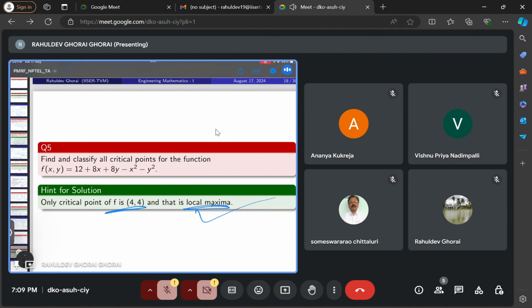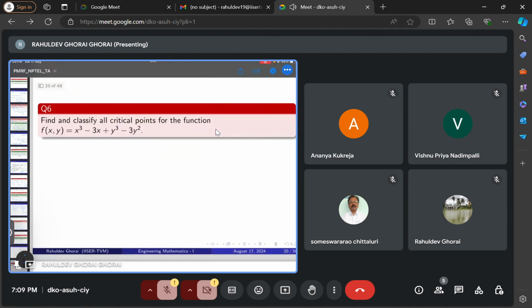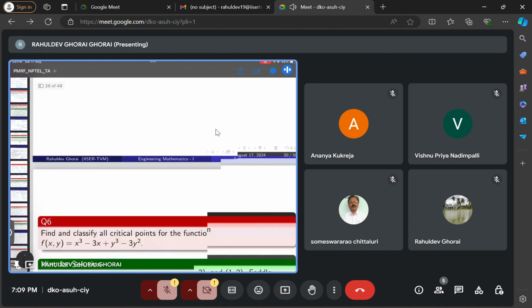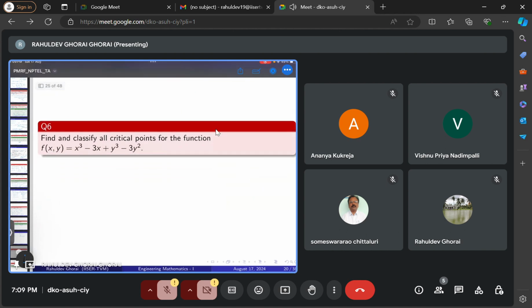So these are very important questions. These types of questions may come in your exam, so try to do this at least. After this I will go to some better questions, better in the sense that we will see them with constraints and all.